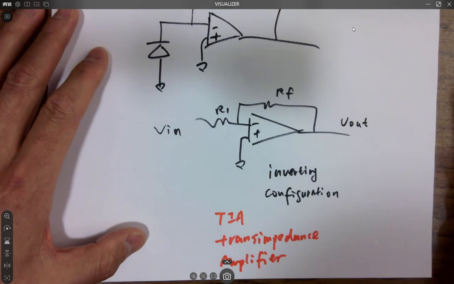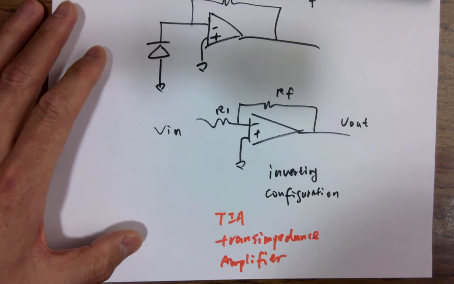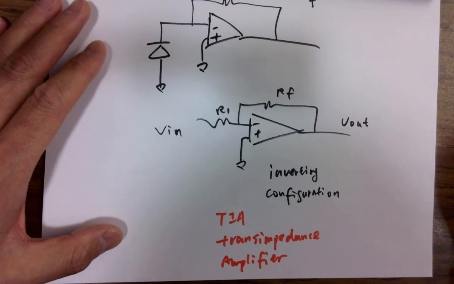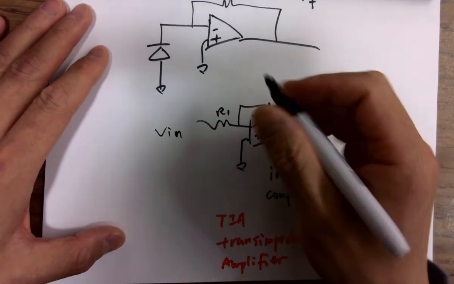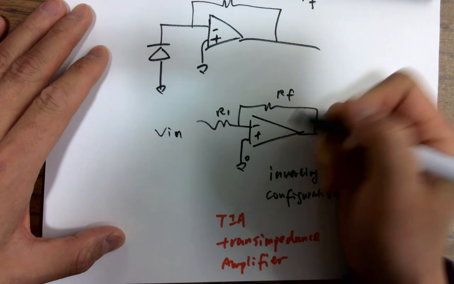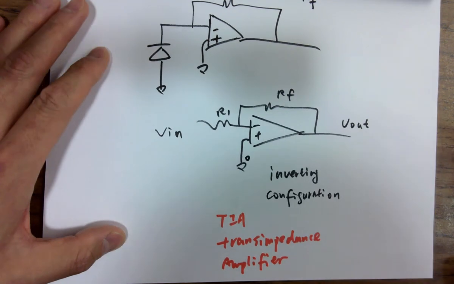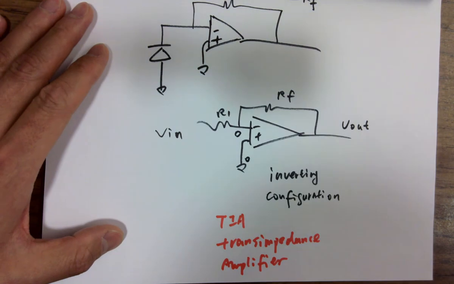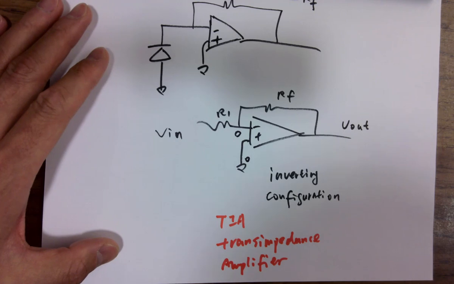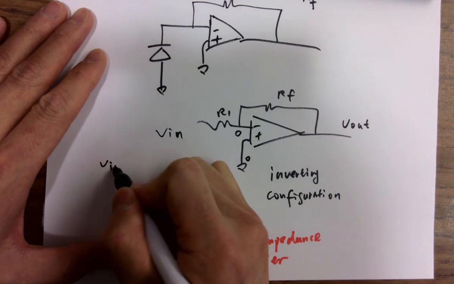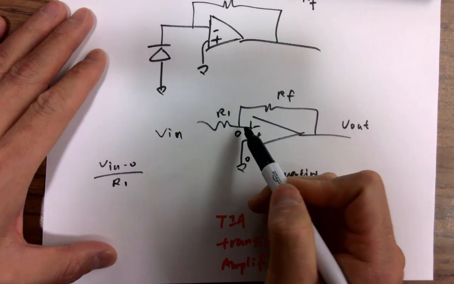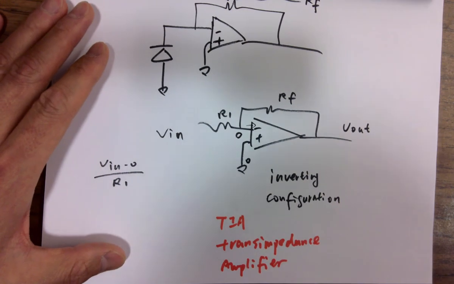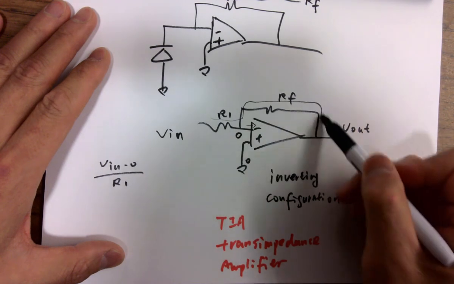So remember when someone in circuit 1, whoever taught it, was deriving the voltage gain for this circuit, what they did. The input is 0 volts, because of feedback and infinite open loop gain, eventually this is 0 volts as well, right? So how did they derive the voltage gain? It's V in minus 0 volts over R1, because current is not getting into it, it has a super large input impedance, so eventually current goes this way, right?